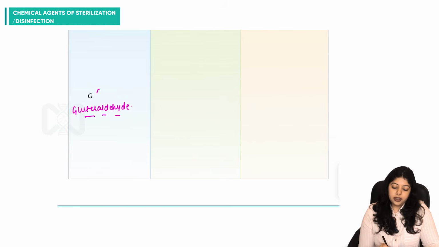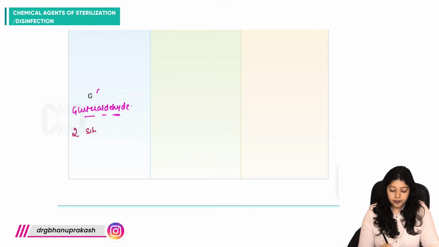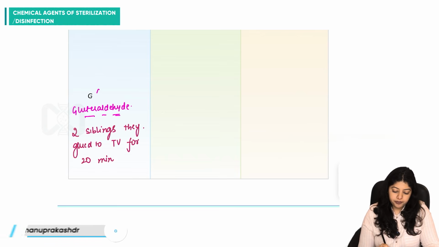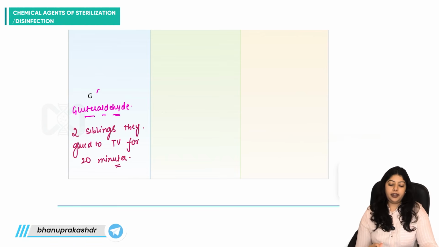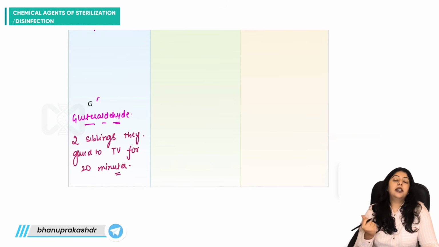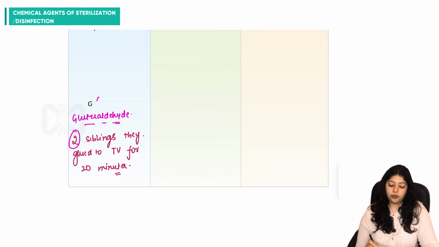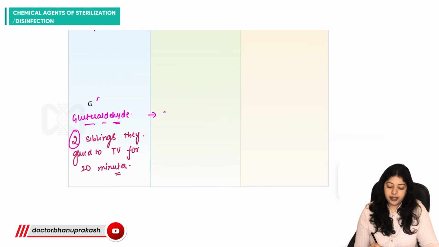So for G, let us remember a mnemonic: two siblings are glued to TV for 20 minutes. And that defines the duration of its activity and the percentage that we use. So we have 2. Most commonly it is available as 2%, which is also known as Cidex.